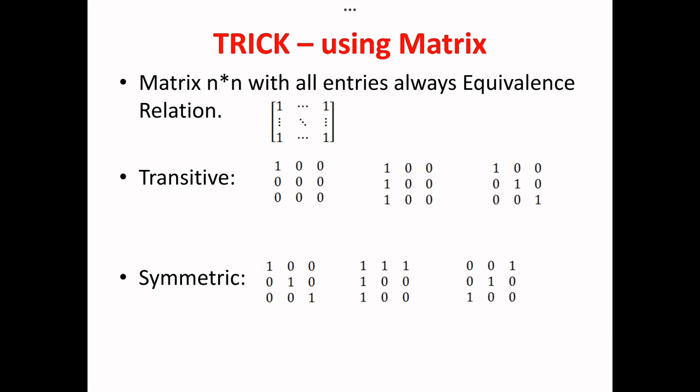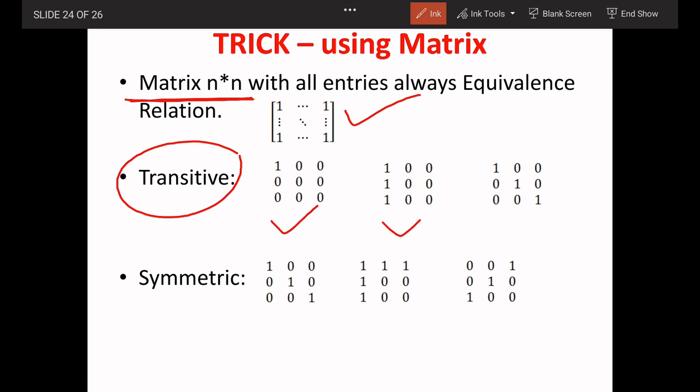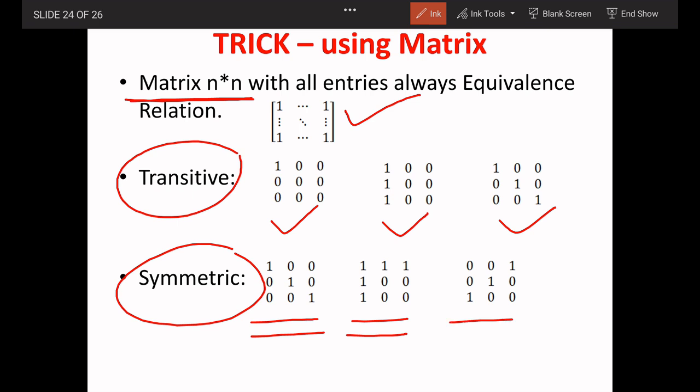This is very, very important for your GATE exam or another exam, and for your JNTU also. So this is my n into n matrix representation and transitive property. You can say this is transitive, this is also transitive, this is also transitive. This is a symmetric matrix, this is a symmetric matrix, this is a symmetric matrix.